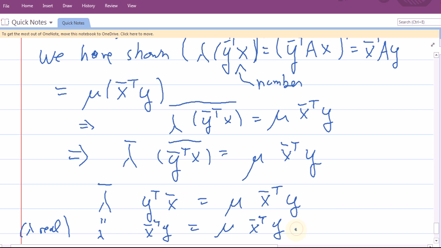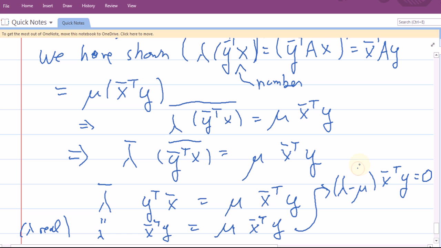So what does that tell me? If I put these both on the same side, I'm going to get lambda minus mu times x conjugate transpose y is equal to 0. I just brought the mu term over to the other side. Now, the product of two numbers can only be 0 if one factor or the other is 0.